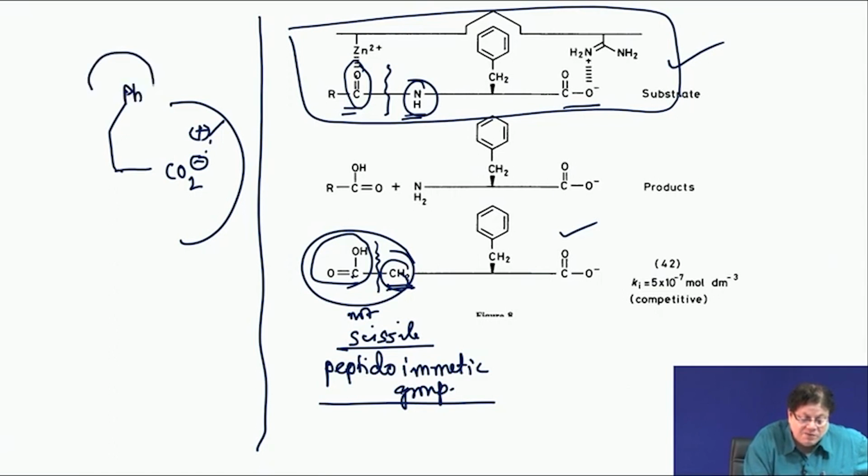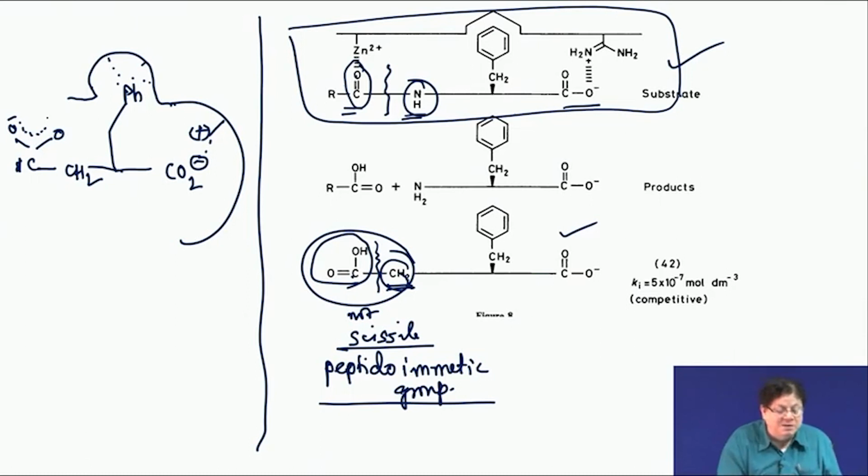The phenyl has stabilizing interactions here, and then you have a CH2, so no NH, and then a CO2 minus. Basically, in the biological system it will be present as CH2 and then O minus, a delocalized CO2 minus, C double bond O minus. So I can say a delocalized negative charge. Okay.